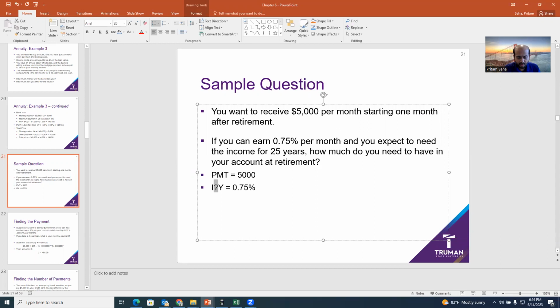I/Y, sorry, it's a typo. Now N should be 25 times 12, which is equivalent to 360. No cash flows I am making on top of the payment in the future, so 0. How much do you need to have in your account at retirement, which is period 0? That means we need present value. We need to calculate that.